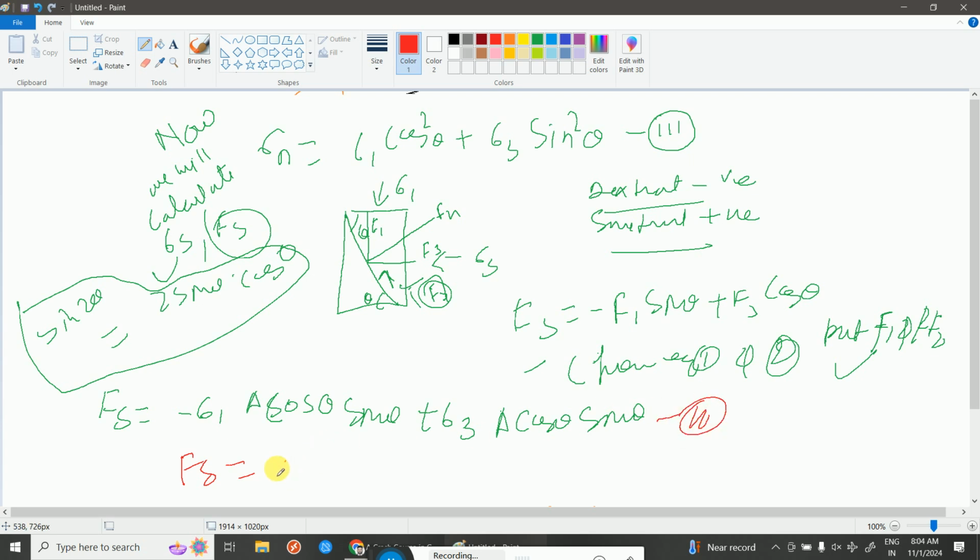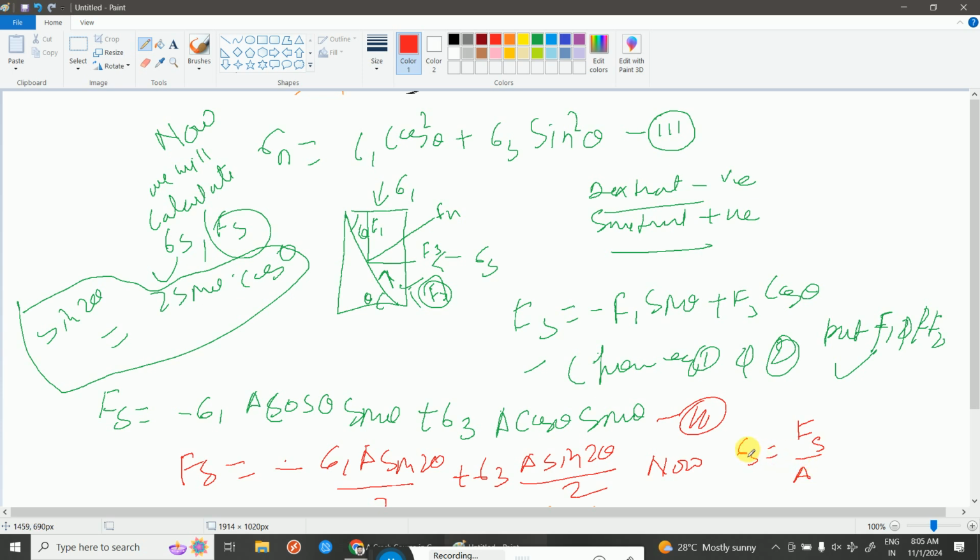Fs is equal to, put the value of sine 2 theta in this one: sigma 1 a sine 2 theta upon 2 plus sigma 3 a sine 2 theta upon 2. Now sigma s is equal to Fs upon a.